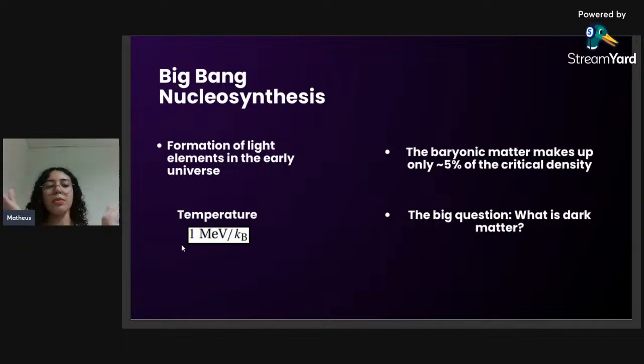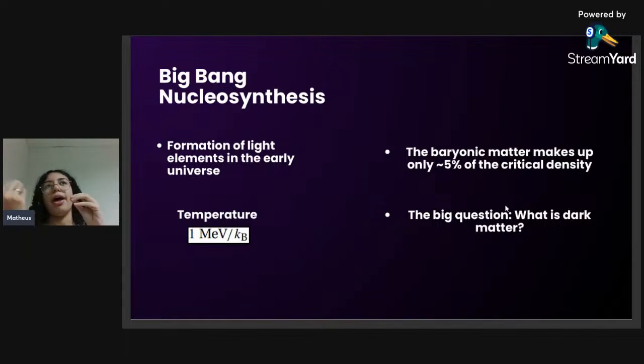Basically, today we know that baryonic matter doesn't represent all the matter that we have in the universe. It represents approximately 5% of the critical density of the universe. And we have a big question today: what is dark matter? We don't know.